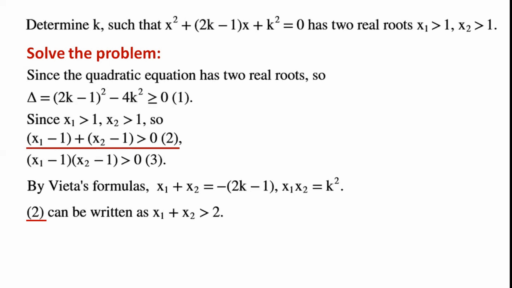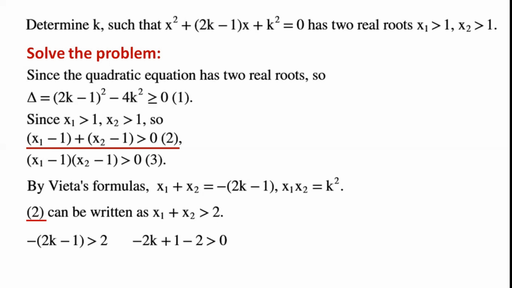Inequality 2 can be written as x1 plus x2 is greater than 2. By substituting x1 plus x2 equals minus (2k minus 1) in x1 plus x2 is greater than 2, we can now write minus (2k minus 1) is greater than 2.